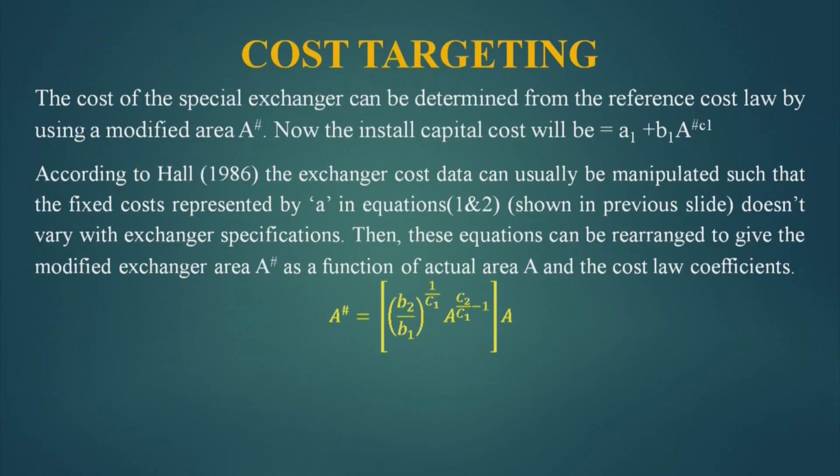Then these equations can be rearranged to give the modified exchanger area A hash as a function of actual area A and the cost law coefficients as given below, that is A hash is equal to (B2 by B1) to the power 1 by C1, then area to the power (C2 by C1 minus 1) into A.